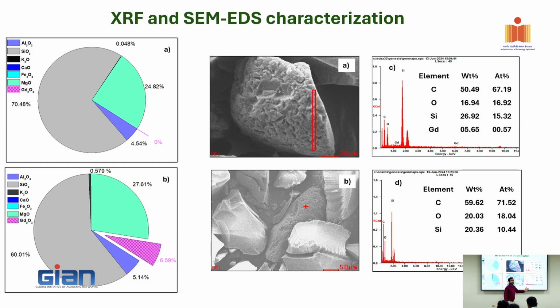After adsorbing, we found 5.65% by weight, and before adsorption we didn't detect any gadolinium. That means we have a proof of concept. We are now confirming that our developed media is adsorbing the gadolinium from both real urine and synthetic urine.